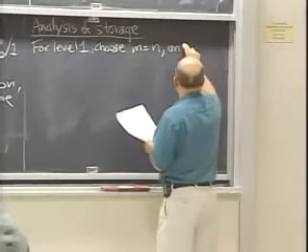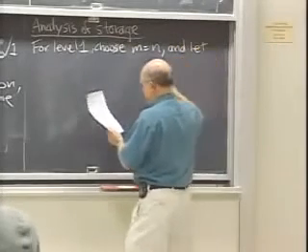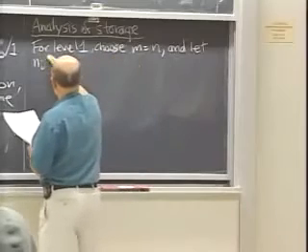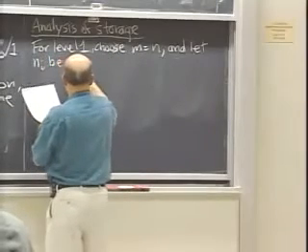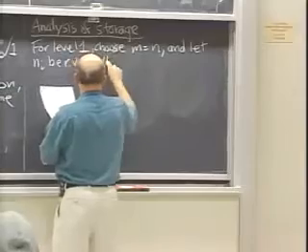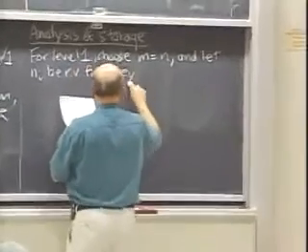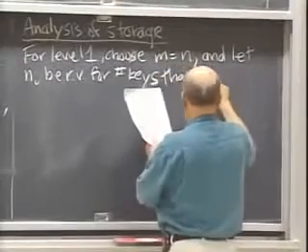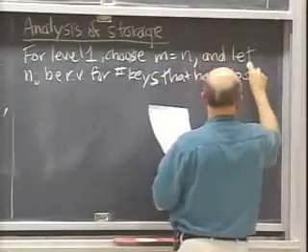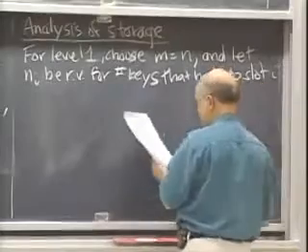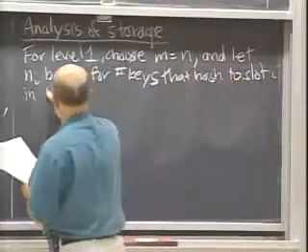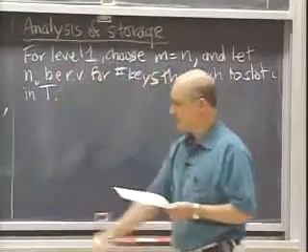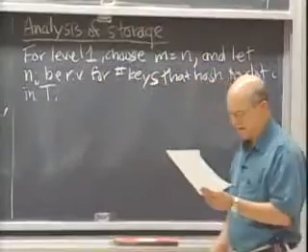And now let's let n sub I be the random variable for the number of keys that hash to slot I in T. Okay, so n sub I is just what we've called it, the number of elements that slot there.